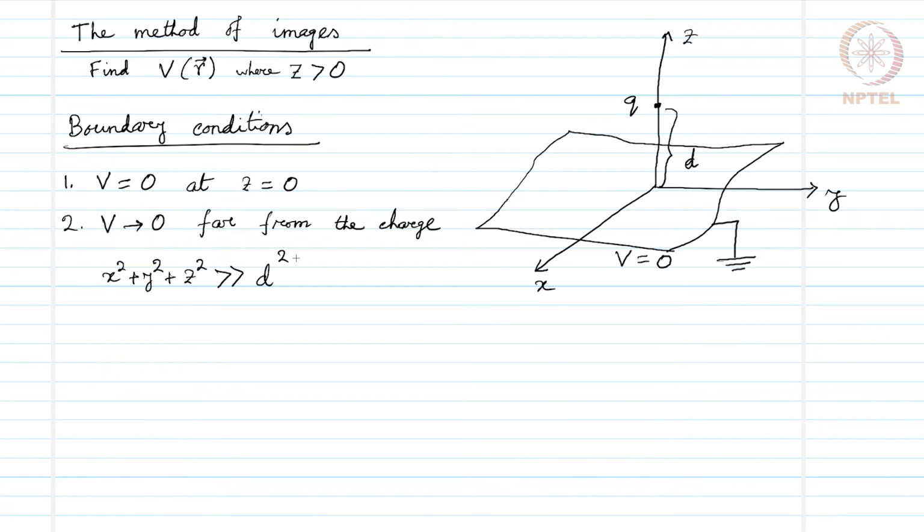If we can make a clever guess or find a trick for a valid potential satisfying the boundary conditions, that is all we need to solve this problem. So, what kind of trick can we do? Let us work some trick out.